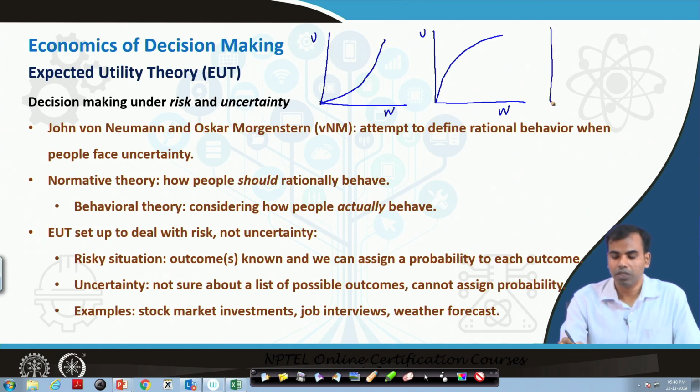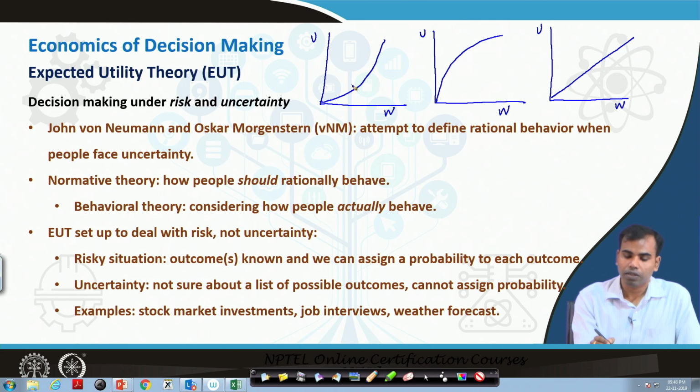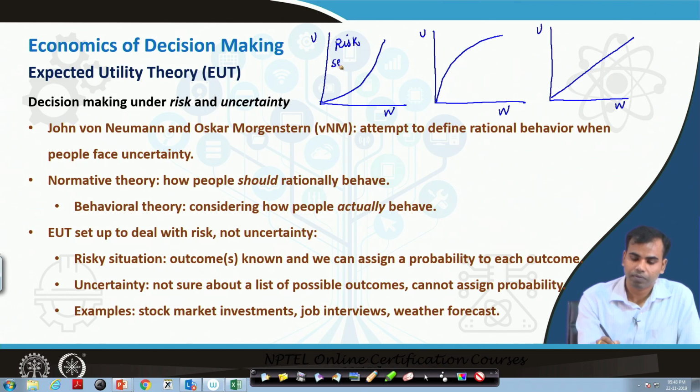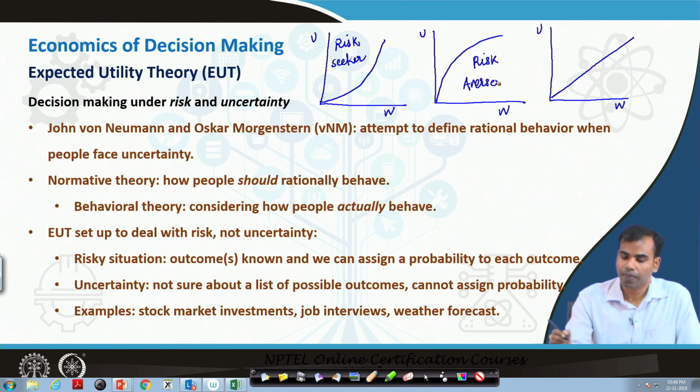And if you are a risk neutral individual, which means you do not differentiate between high risk choices and low risk choices, then the utility curve should look like this for you. So, this basically is risk seeker. This is risk averse, and this is risk neutral.